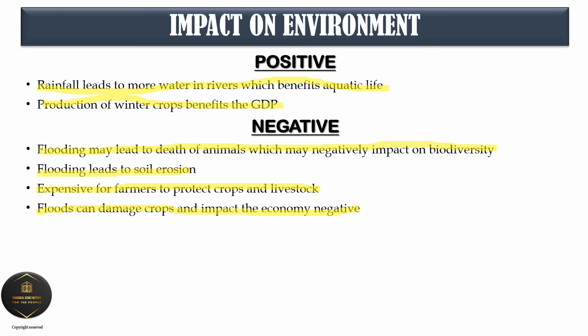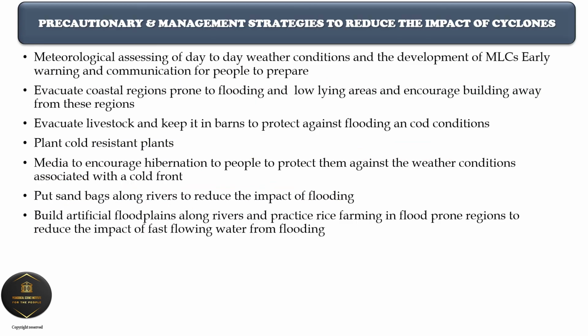Now, since we've discussed the positive and negative impacts, how can we mitigate the negative impacts? Now, part of the precautionary management strategies we can employ to reduce the impact of these cyclones. Number one is that we need to improve our meteorological works.